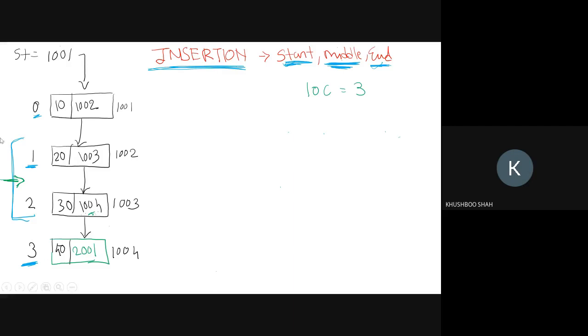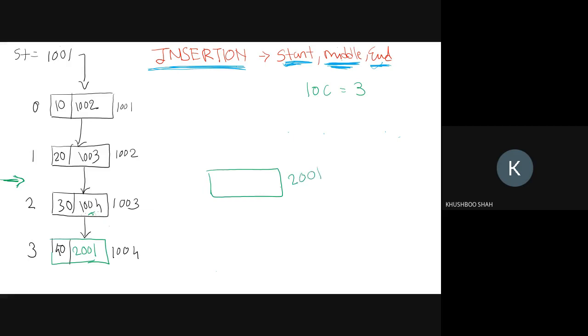Let me first clear all the things so you can focus. Now see carefully, guys. We want to create the new node. Let's say the address of this is 2001.